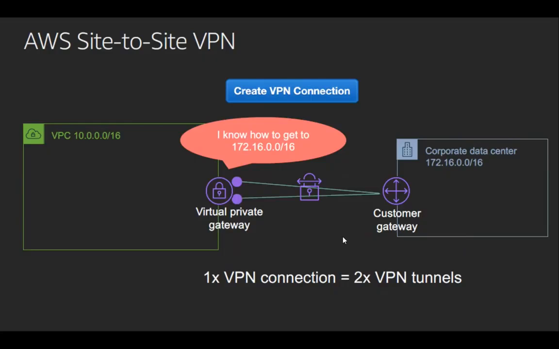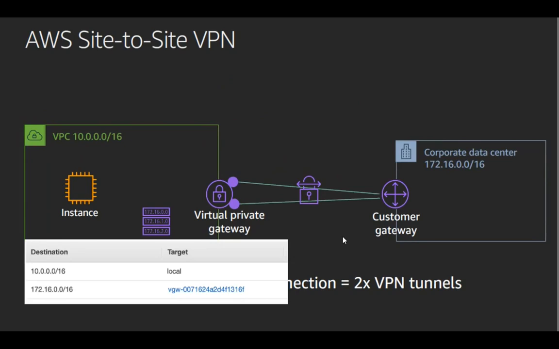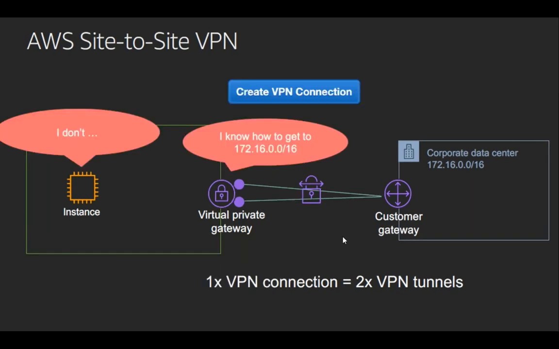And then you will add a static route. This is also very simple. You just create a VPN connection, and then you add what gateway you want to use, what customer gateway you want to use, right? And then a VPN connection will be established.